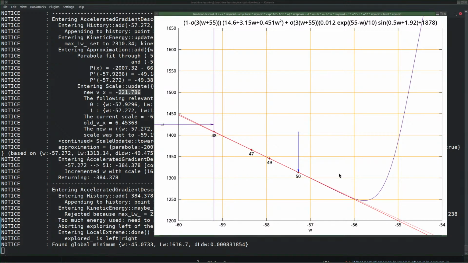Oh my god. I could already have known that there is a minimum between 47 and whatever's up there. 44, I think.